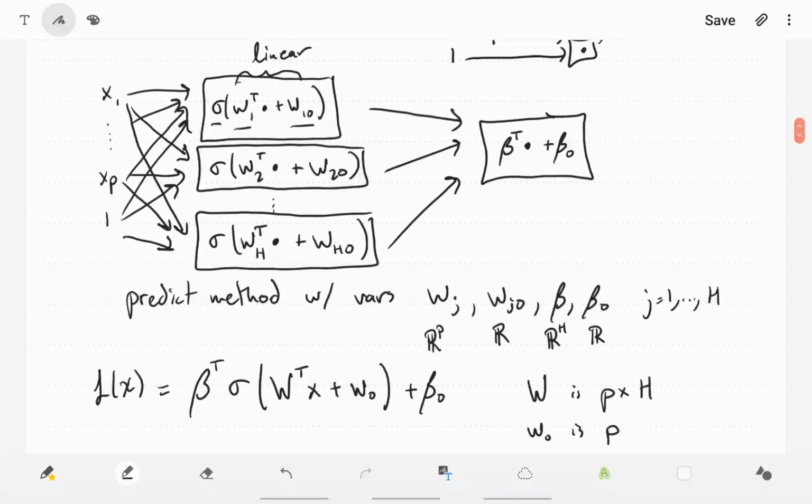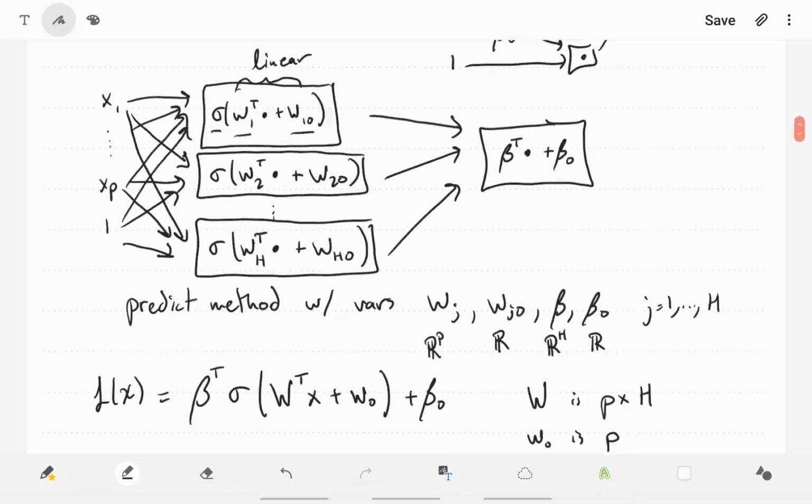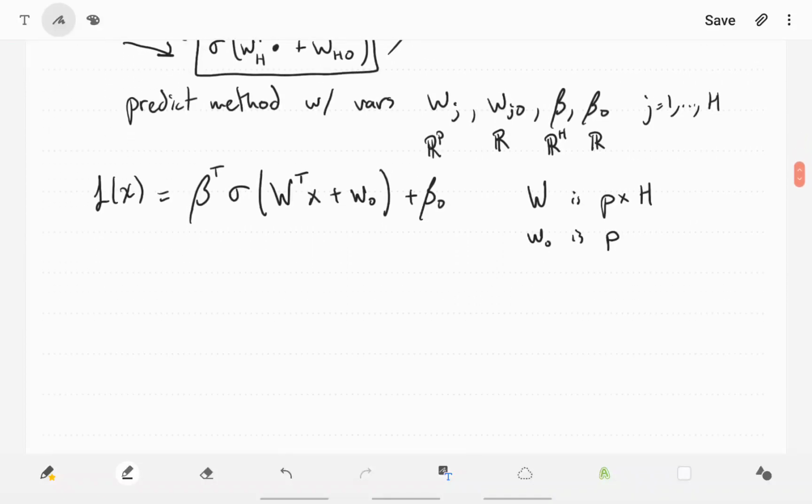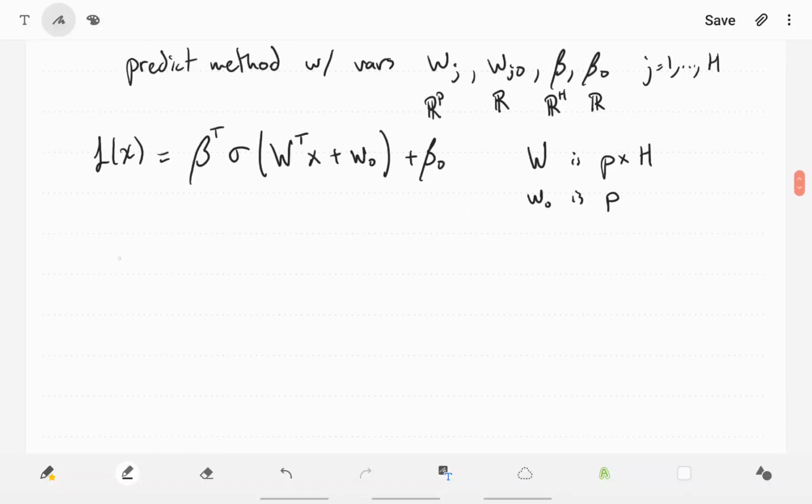Oftentimes you'll see a feed-forward neural net drawn in this sort of dense representation. A more succinct way to draw this compute graph is to say that you have input x coming in, and then you have W and W naught, and then it gets sigma of W transpose x plus W naught.